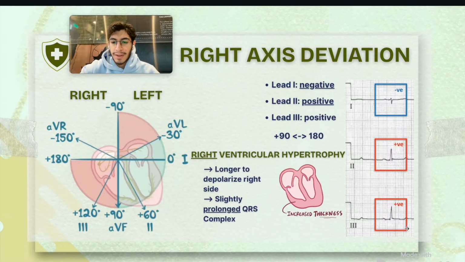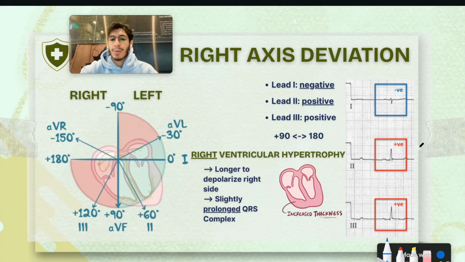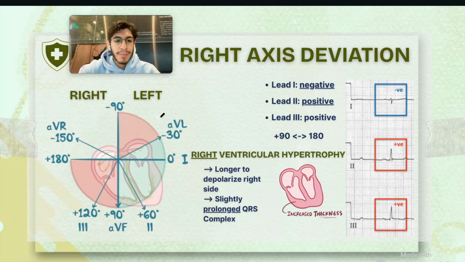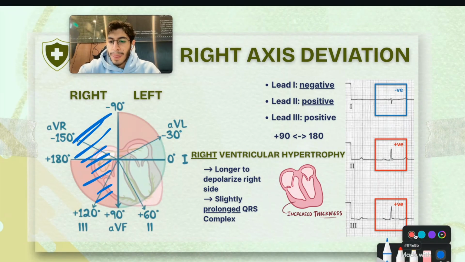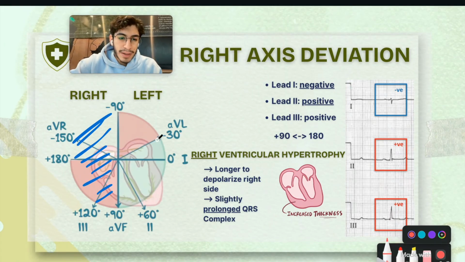Okay? And same idea, how do we tell? Right? We look at the ECG. Lead 1 here, it's negative, right? It's going down. So lead 1 is negative, it's going to be on this side. All right? Lead 2 is positive. So if lead 2 is positive, that means this is lead 2 over here.